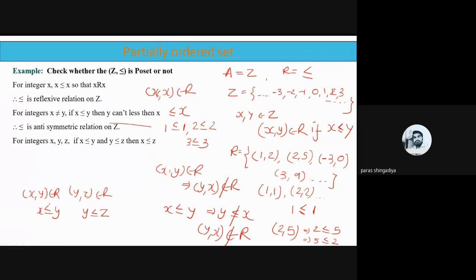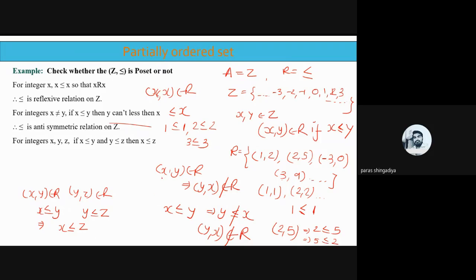Now observe these two conditions. From x less than or equal to y and y less than or equal to z, we can easily say that x is also less than or equal to z.